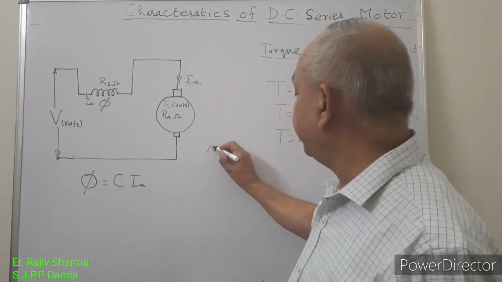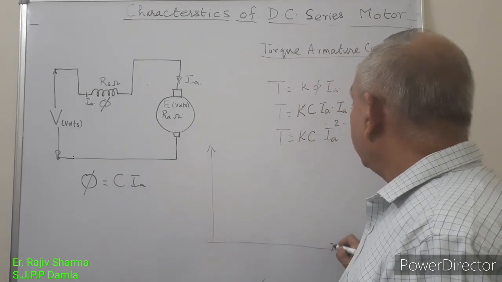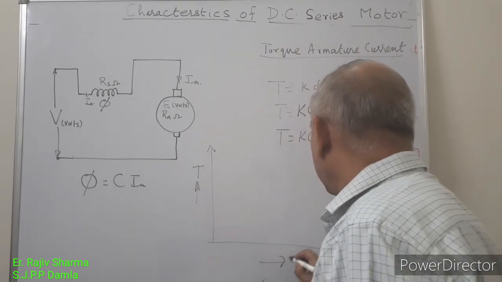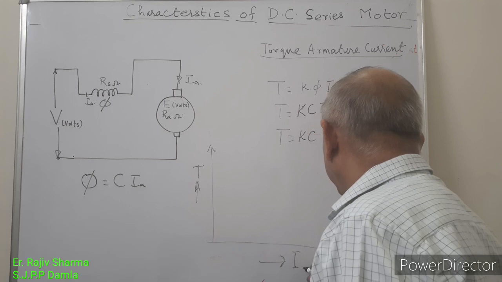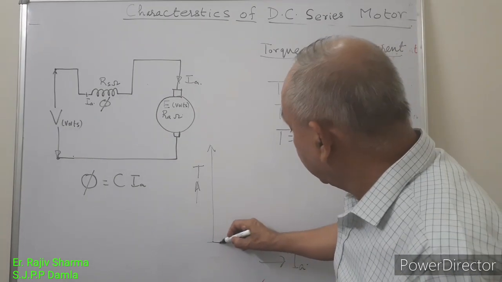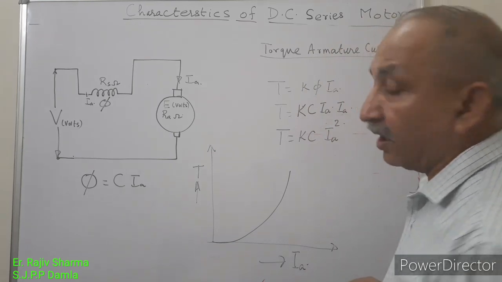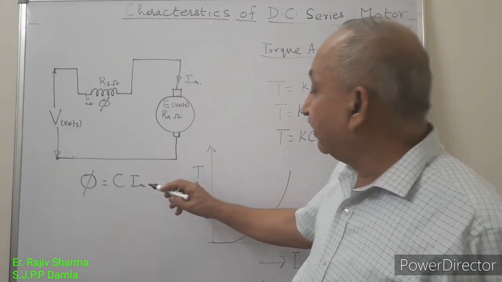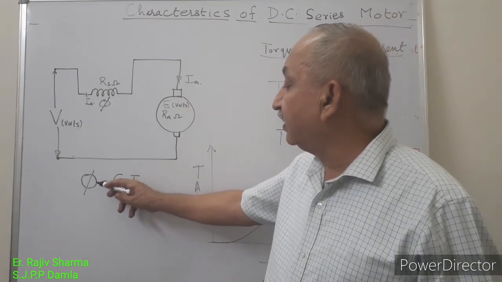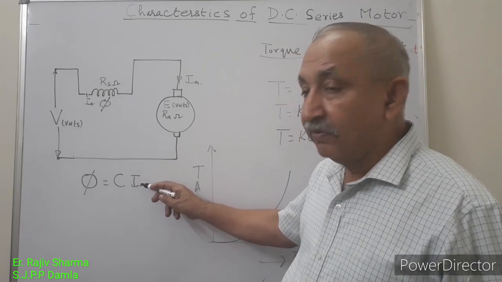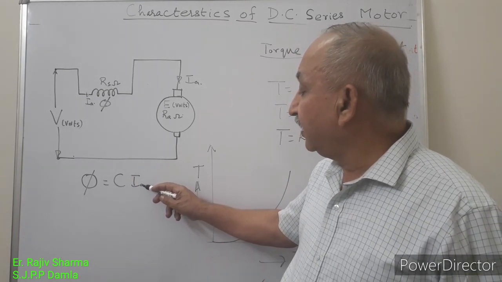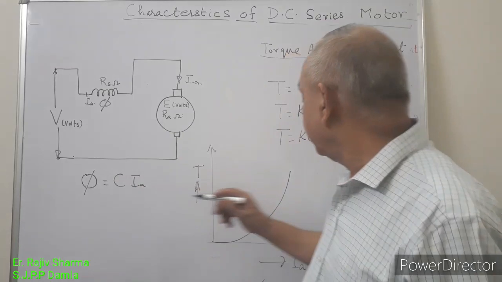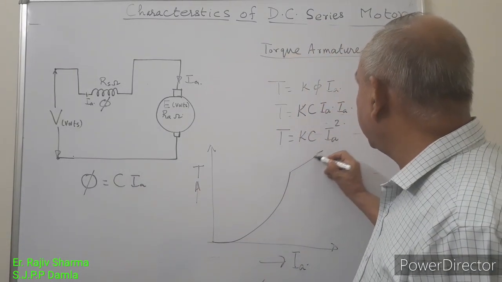So when we draw the graph between torque, say torque in Newton meter, and armature current in amperes, the torque rises in a parabolic form, but as the value of Ia increases, though flux increases, later on when there is a saturation, with the increase in armature current, the flux no longer increases and flux remains constant, so after that this relation becomes linear.